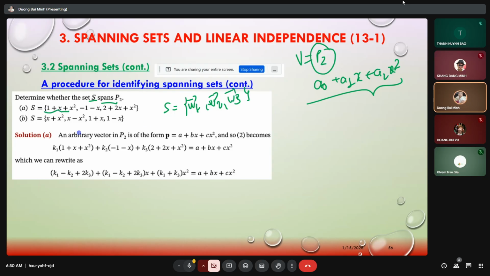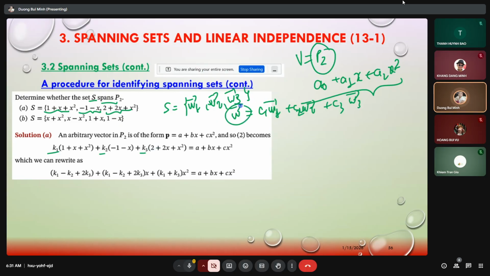Any vector W can be expressed by the linear combination C1 W1 plus C2 W2 plus C3 W3, or here they just say K1, K2, K3.